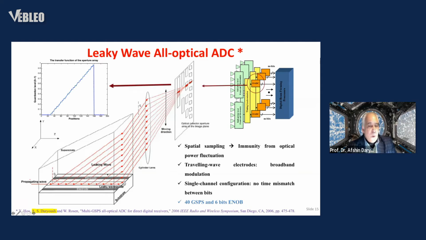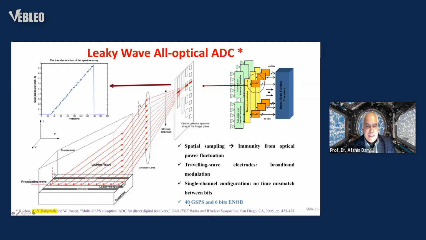That leaky wave is going to have a diffraction pattern that is narrow based on the length of this leaky waveguide structure. We would be able to see the angular deflection, which is represented by this angle theta r at the exit, and then based on the resolution, we would be able to achieve a large effective number of bits.